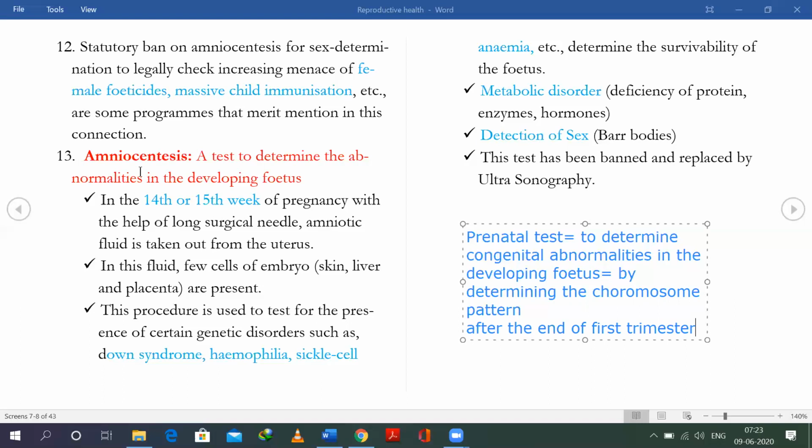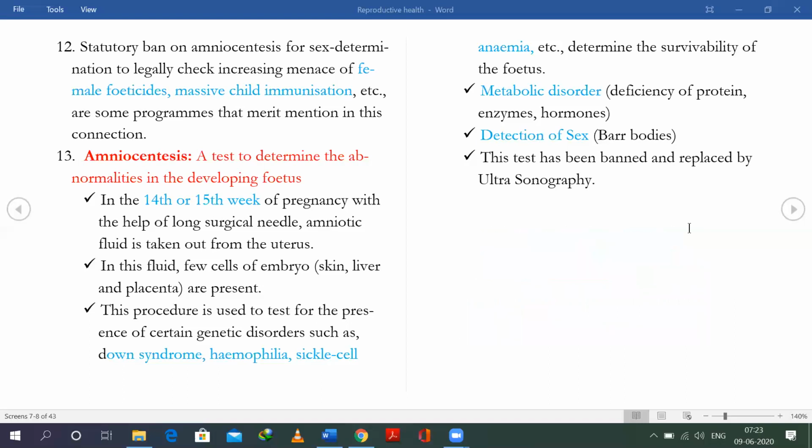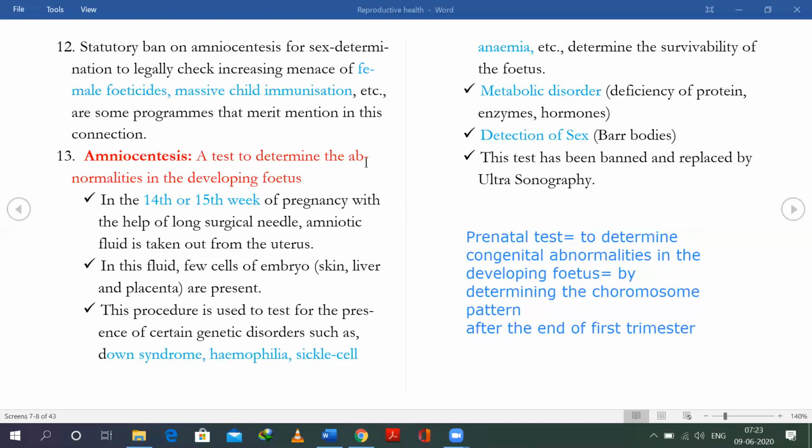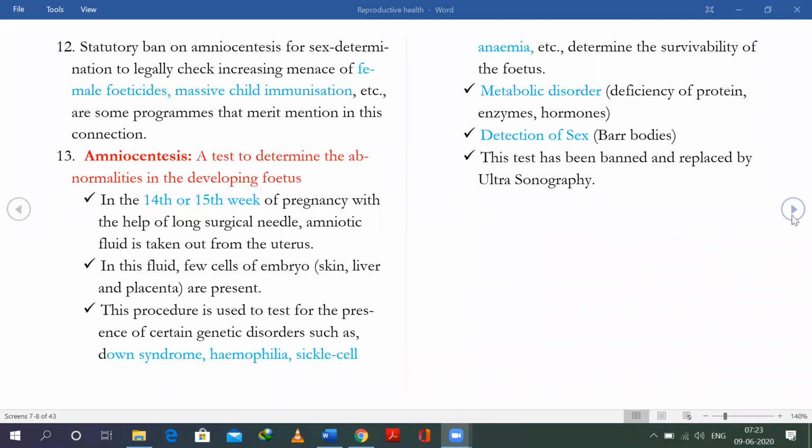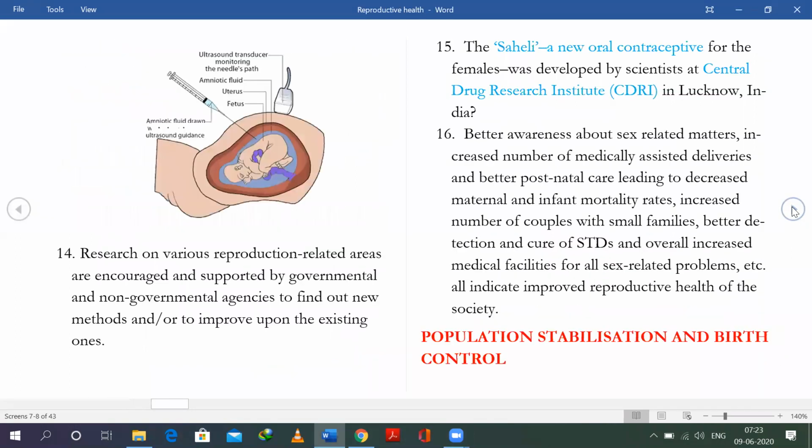And to explain what is happening in this amniocentesis test, I have a diagram here to give you a better understanding of the test called amniocentesis. Here you can clearly see a woman who is pregnant, and her developing baby inside the womb.